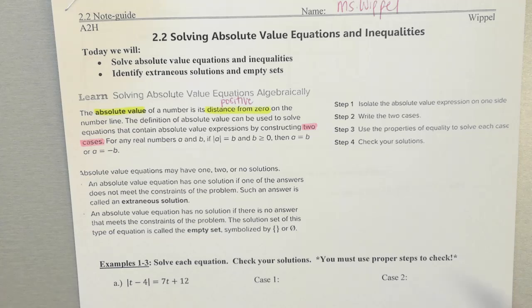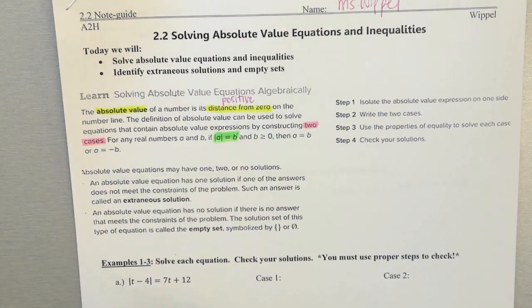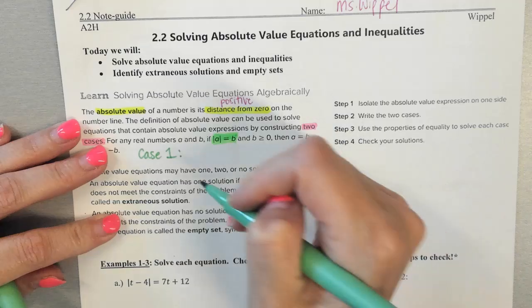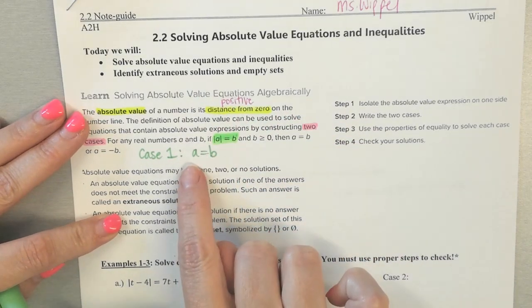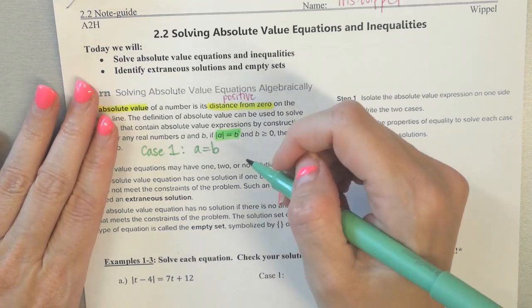Okay, so this says for any real numbers A and B, if you have the absolute value of A equal to B, then case 1 is just going to be that A is equal to B. So whatever's inside is going to be equal to whatever you have on the other side of the equation.